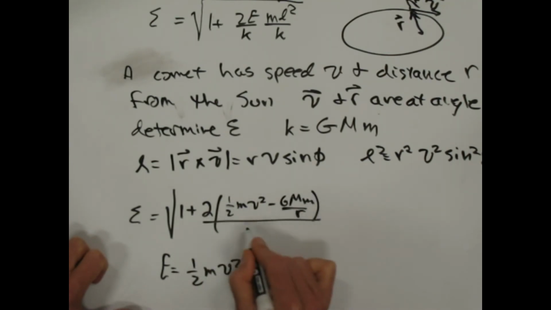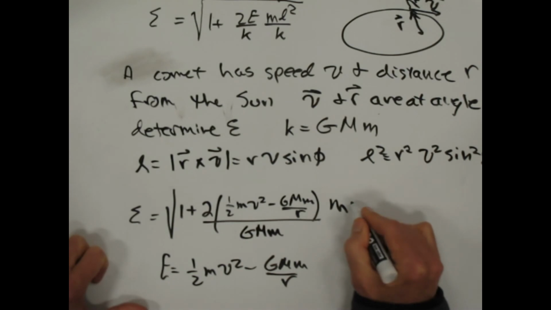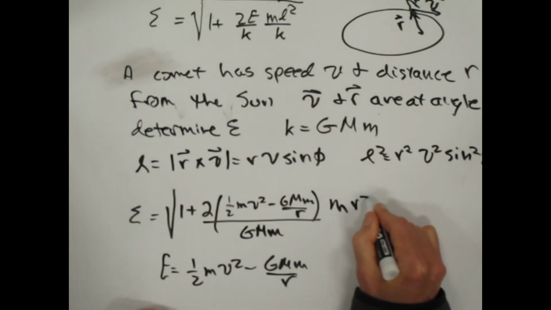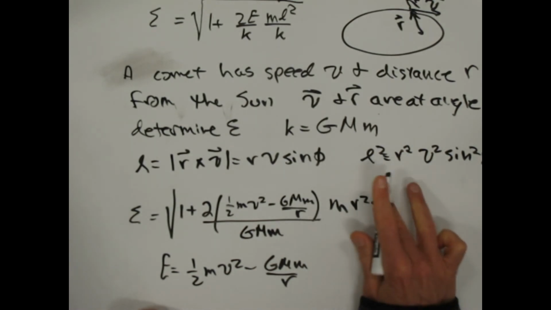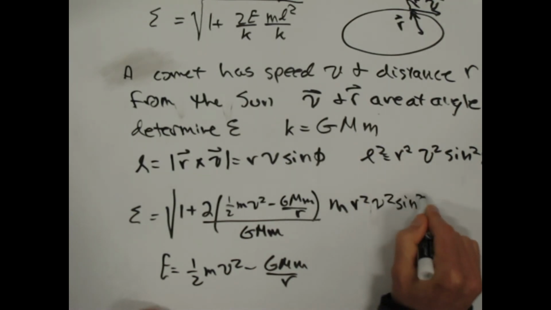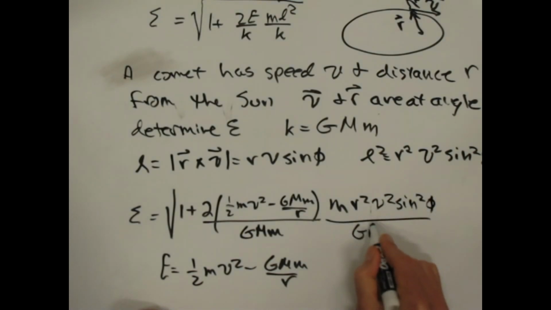And that's over GMm, right? And then I have m L squared, and the L squared I'm going to replace with r squared v squared sine squared phi, right? And that's also over GMm.